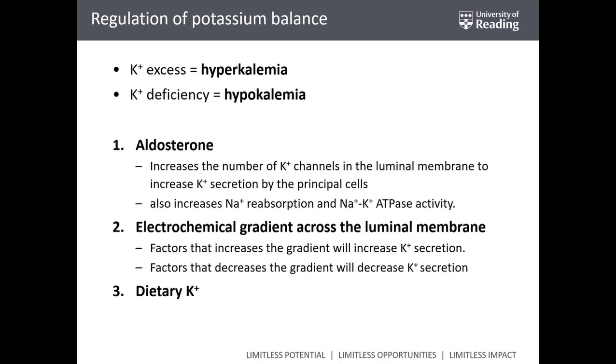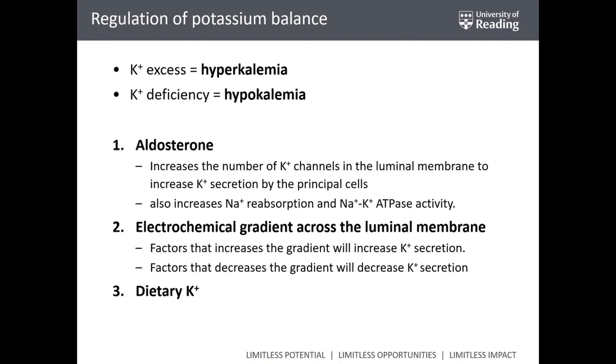And this leads to an electrochemical gradient across the luminal membrane, which we call the transluminal potential. So those factors that increase the gradient will increase the secretion of potassium, while the factors that decrease the gradient will decrease the potassium secretion.